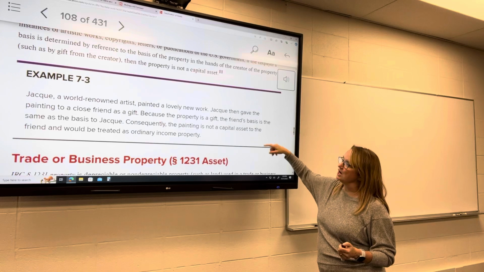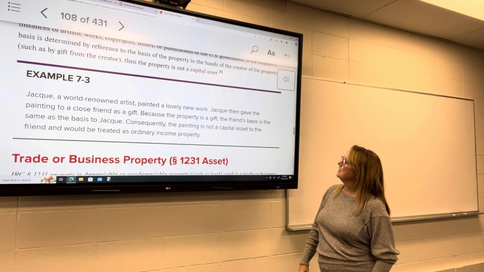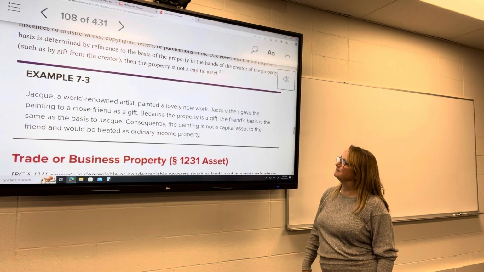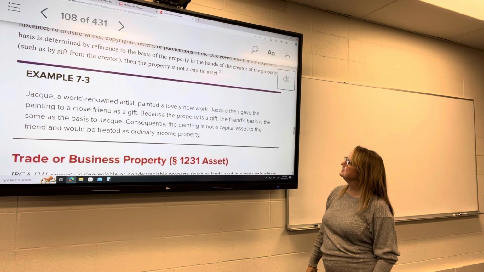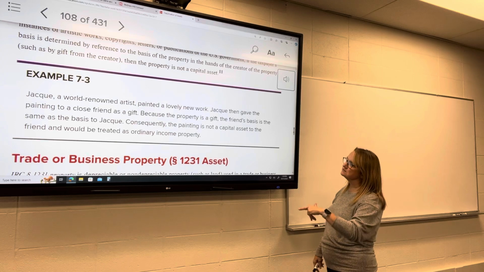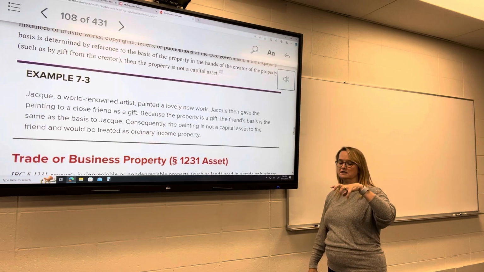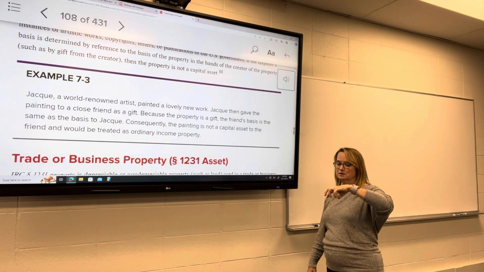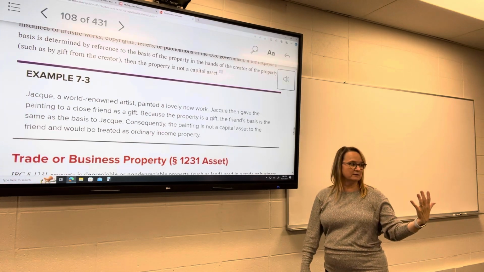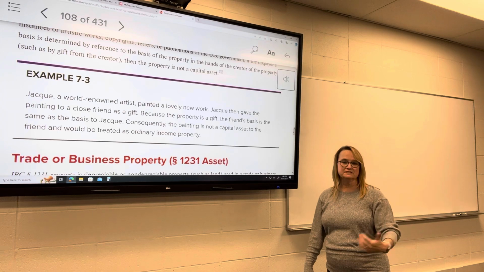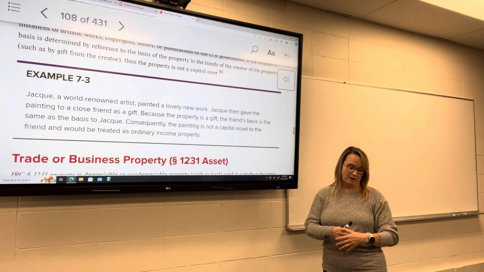So we've got Jacques, artist, painted a piece, gave the painting to a close friend as a gift. The property is a gift, so the friend is going to carry over the basis that Jacques had. Because it's a gift, the basis to Jacques is probably almost zero.